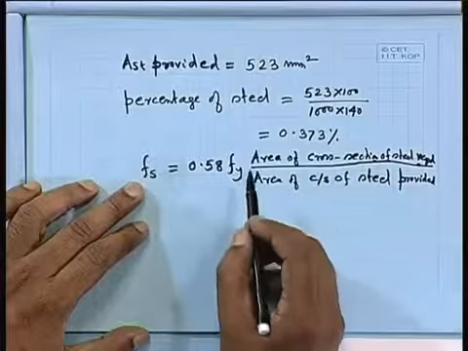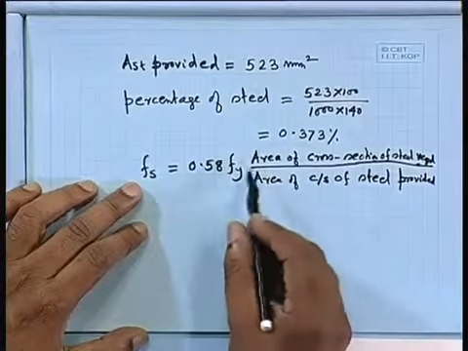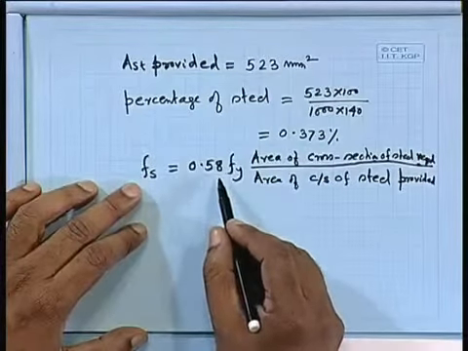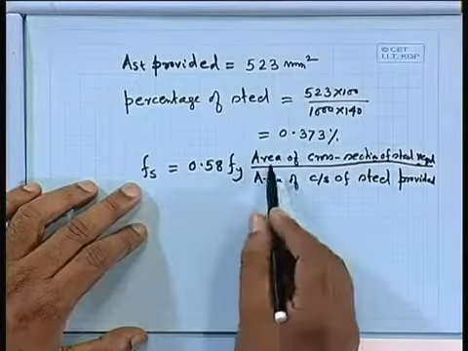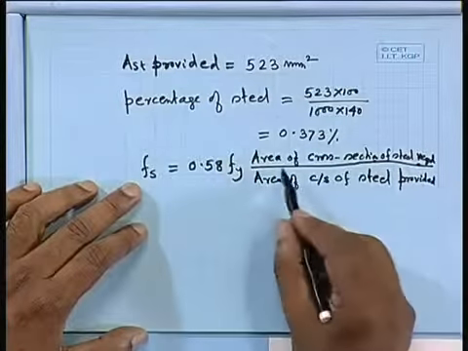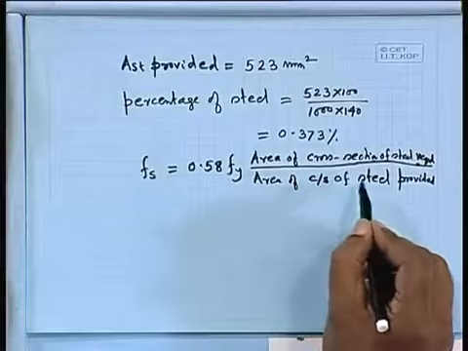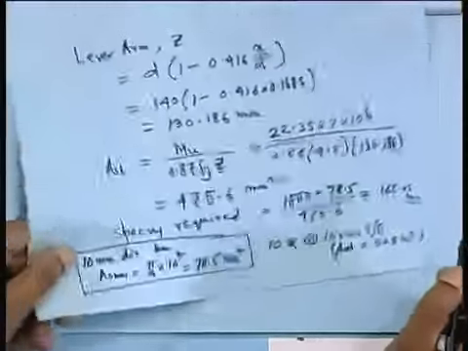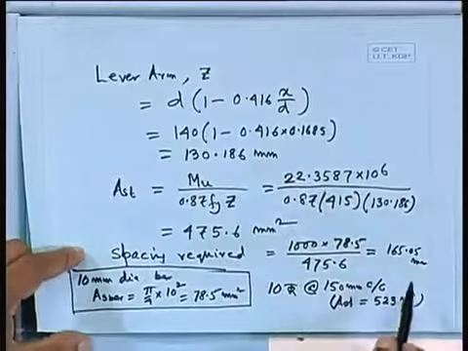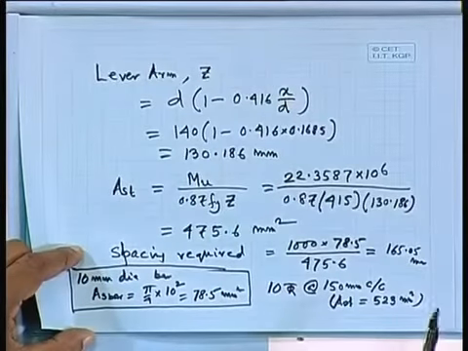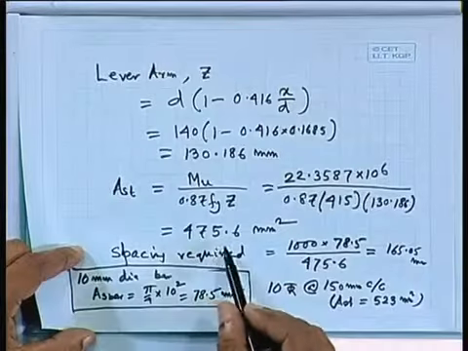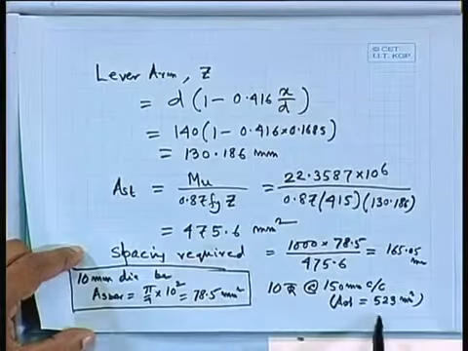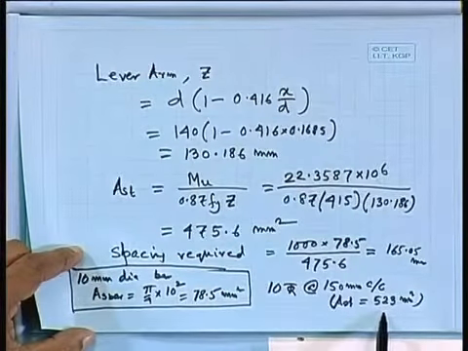So we cannot calculate directly, not exactly 0.58 Fy. So here we have to do a certain kind of modification. The area of cross section of steel required in our case is 475.6, and we are providing 523.